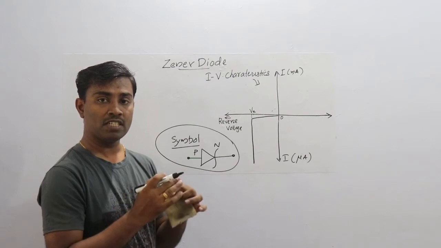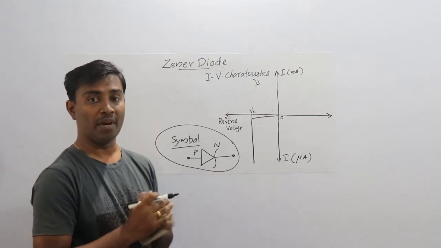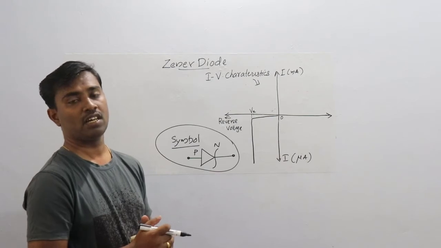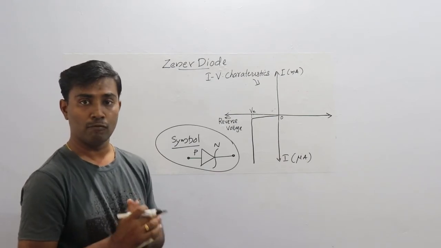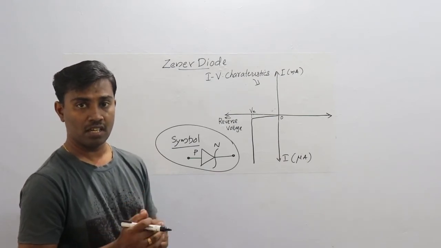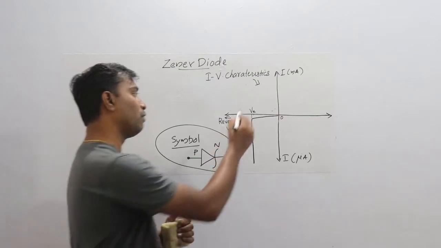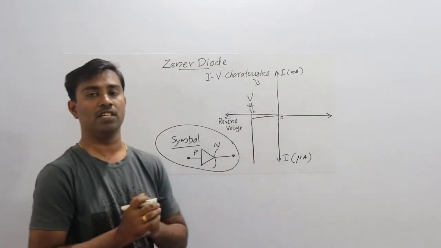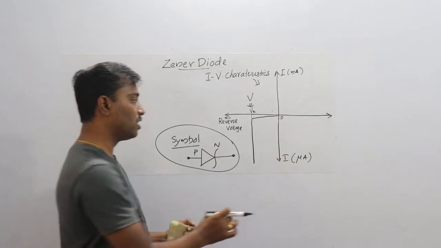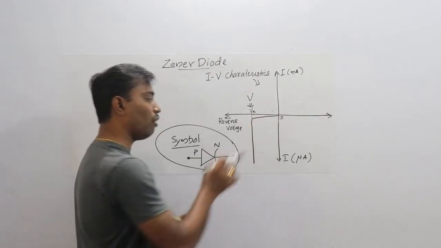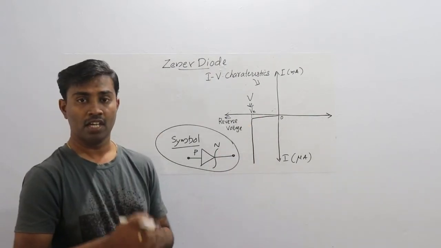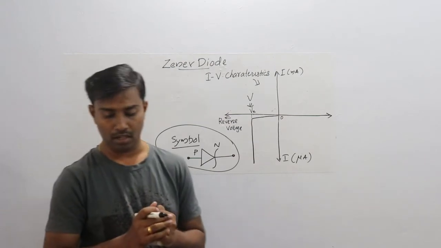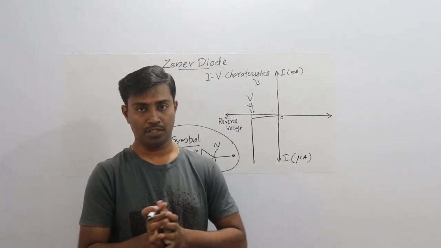This voltage is called the breakdown voltage, also called the Zener voltage.